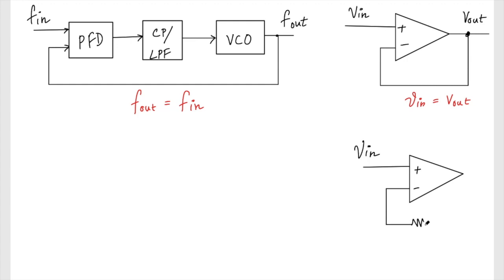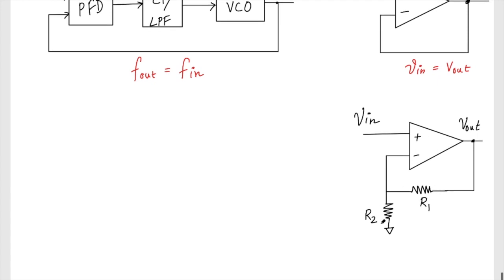So my output voltage is going to get divided by this simple resistive divider, and will be fed back to this feedback circuit. So I call this R1, R2, and this is my V out.